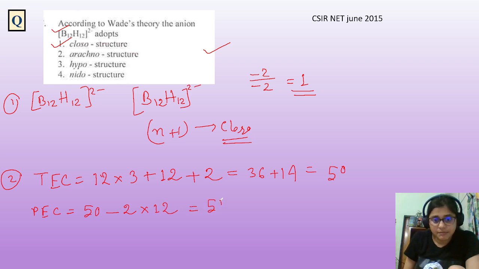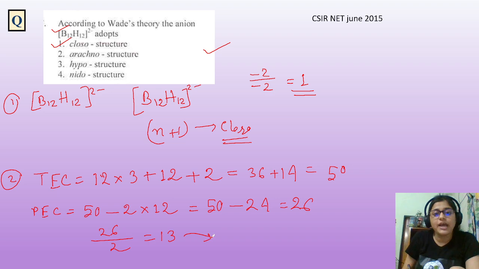So 50 minus 24 is 26, and the third step is 26 by 2, that is 13, and now we have to arrange it with respect to n. N is 12, so 12 plus 1. See here also we got closo, so we are on the right track.